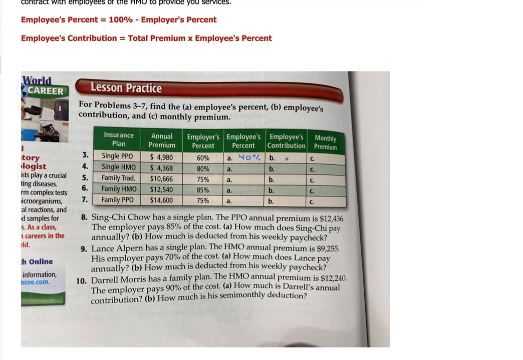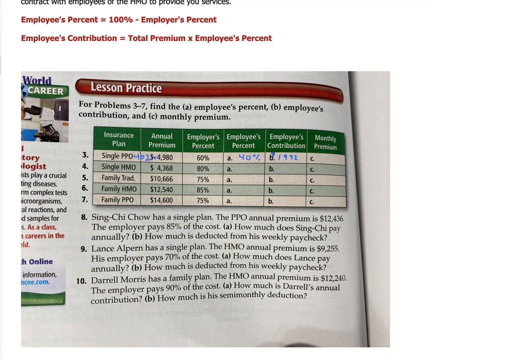And then the employee's contribution is going to be that 40% times 4,980. So you're just going to take 40% times that. And you should get 1,992.